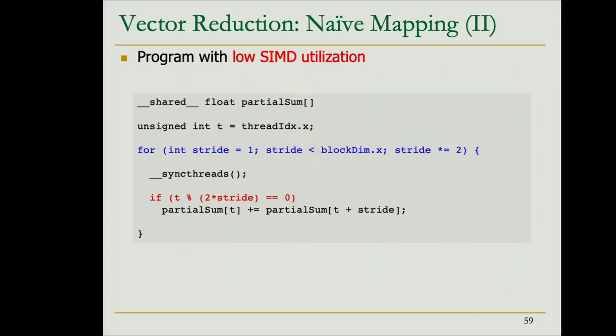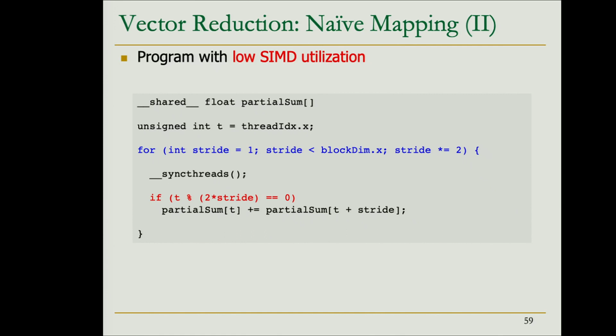That's what I have in this code here: I start increasing the stride from 1 until block dimension. Don't really worry about the limit of the for loop for this example. But the point is that the stride is being doubled in every iteration, right? So if you are the thread that you have to be, then you perform this partial reduction.